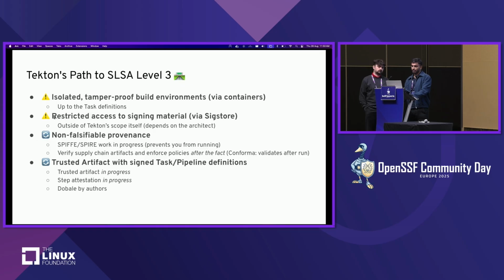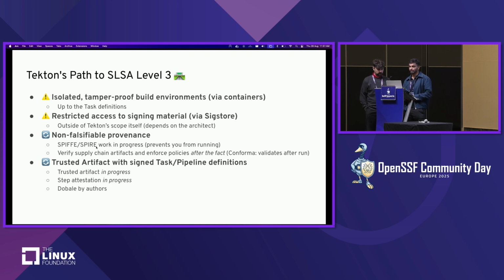And there is restricted access to the signing material that we need. And this is not in our hands, but it's upon anyone who builds the system itself, who'll have to be mindful of this.